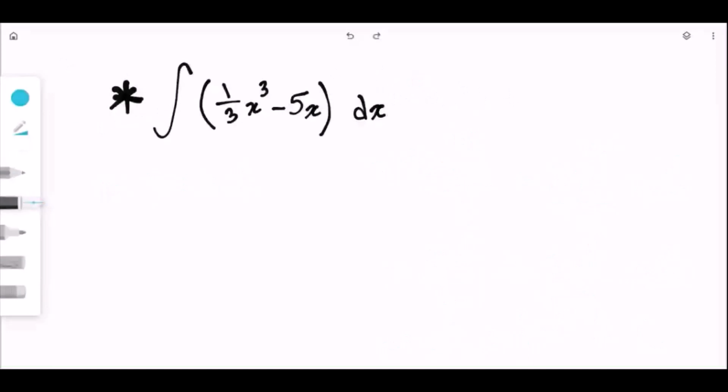The indefinite integral of 1 over 3x to the power of 3 minus 5x dx.